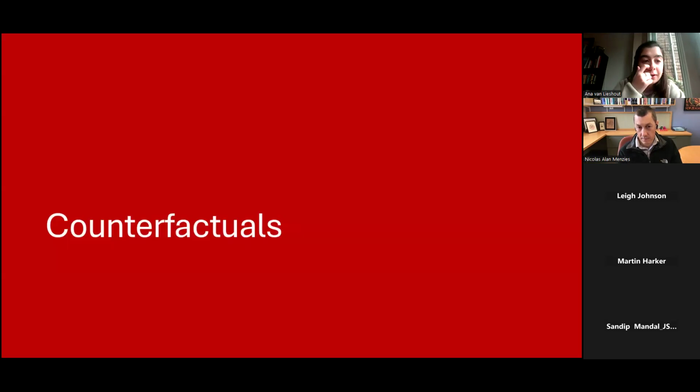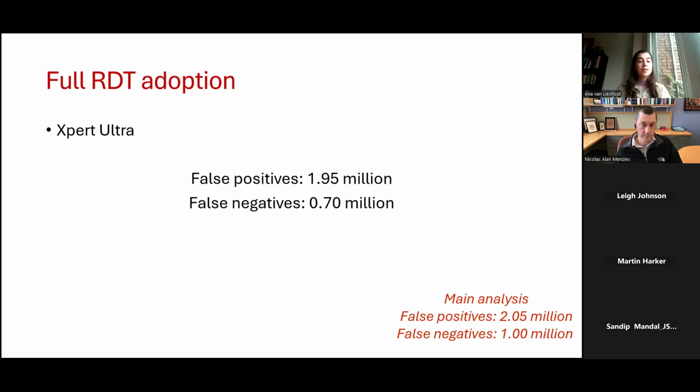The last part that I wanted to show you is some of the counterfactual analysis results. These are the 4 hypothetical scenarios that I described before. They show a possible way to improve algorithm performance, or how we could change the algorithm to make it a little bit more accurate.